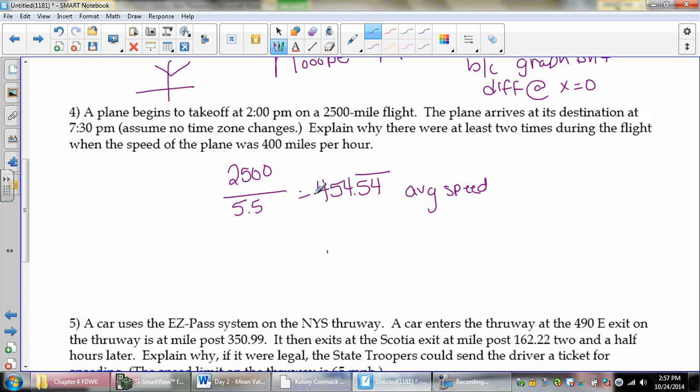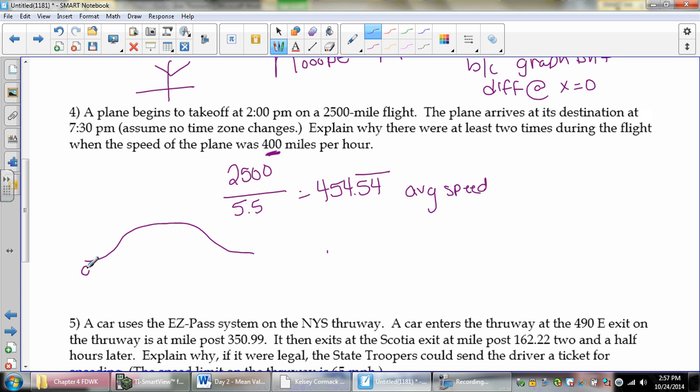So if my average speed is 454 miles per hour, why do I have to go 400 miles per hour? Well, the plane has to take off and then land, and you didn't take off going 454 miles per hour.